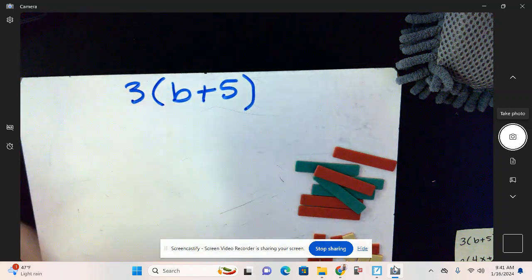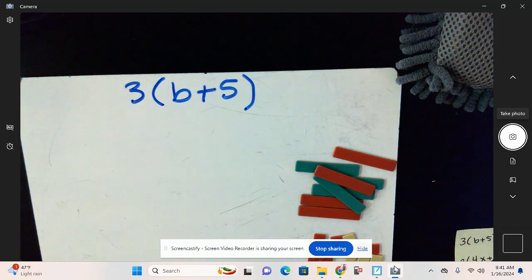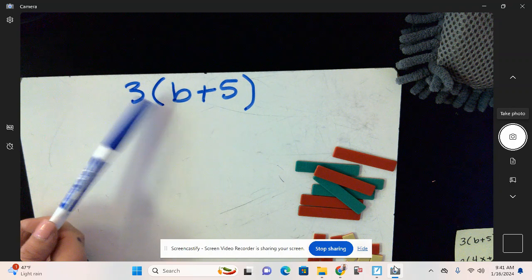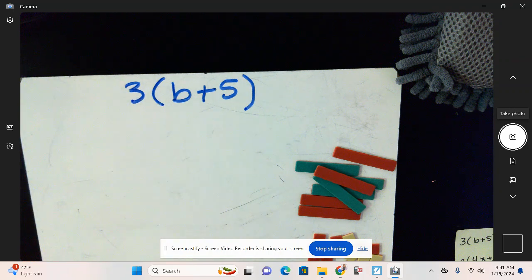I want you to write this problem at the top of your board. Everybody should have this problem at the top of their board. You're going to have to leave your whiteboards flat on your table because we're going to build on top of our whiteboards.